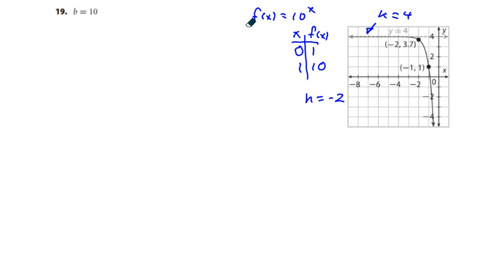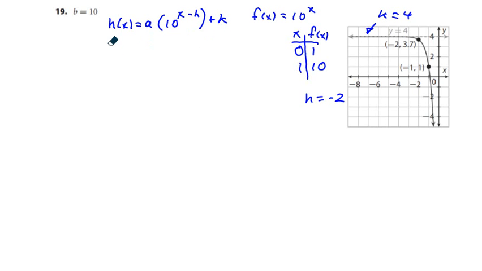And so writing out this function as far as we can take it, I'm going to write here the form h of x equals a times 10 to the power of x minus h, plus k.